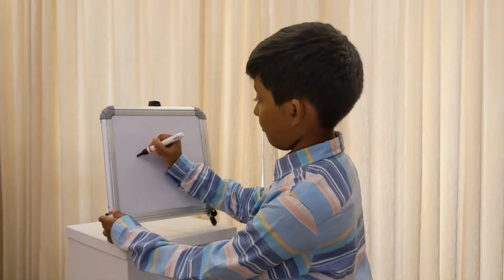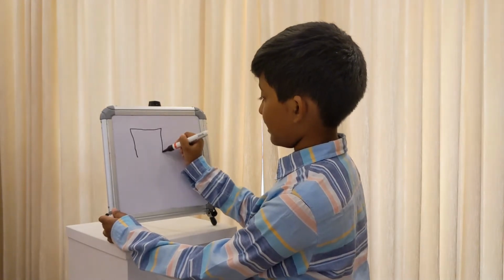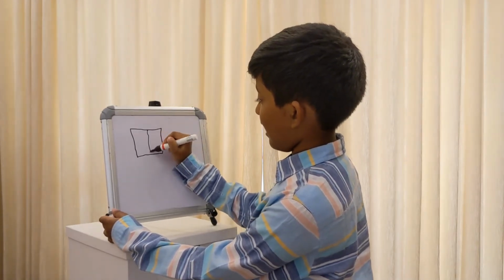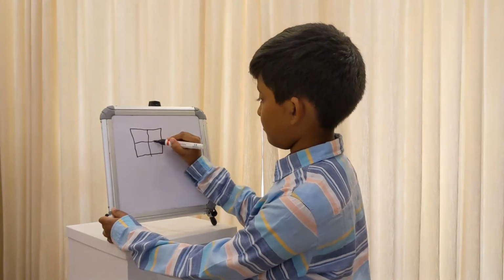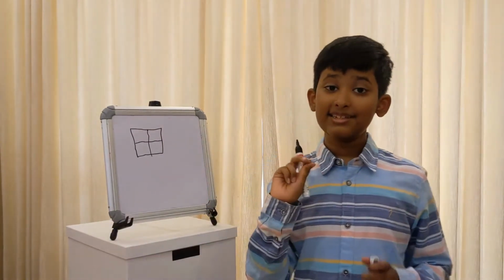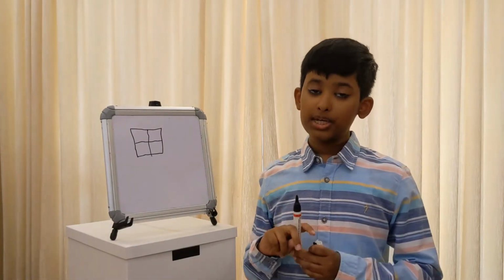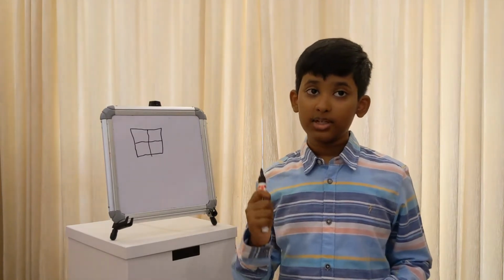Now, let me quickly draw a Punnett square. Yay. Now, let's assume that genes are carried on the chromosomes, and the specific gene for eye color was carried on the X and Y chromosomes.